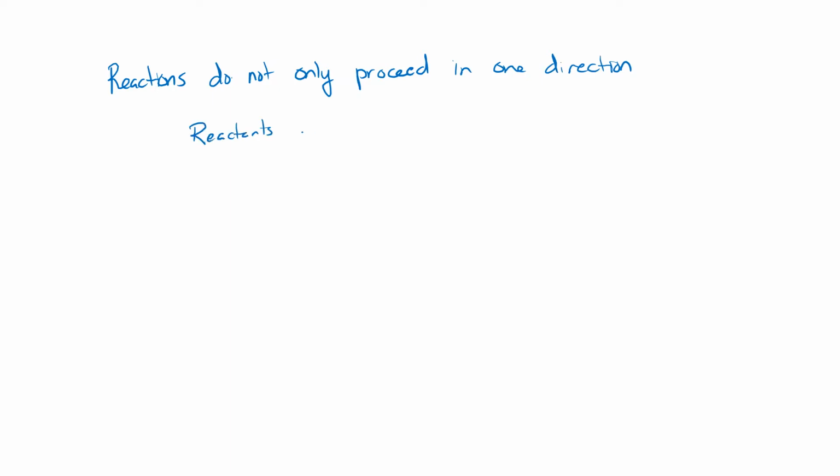All right. So reactions, the first thing that we need to say is that reactions do not proceed in one direction only. We've been thinking about this as if we have reactants on one side, and then there's an arrow, and we go to products.